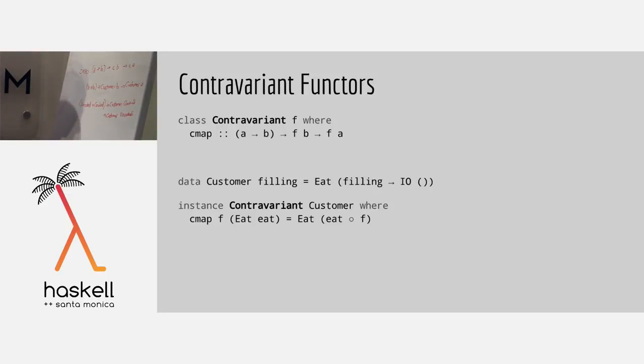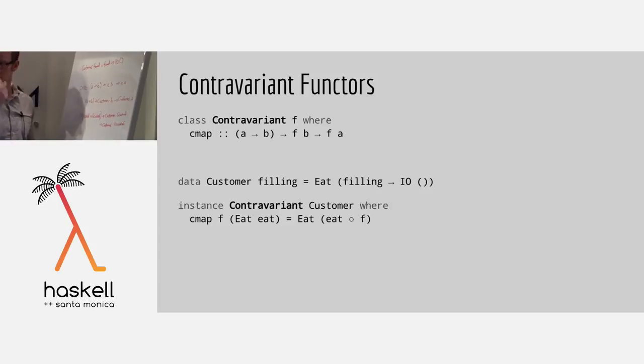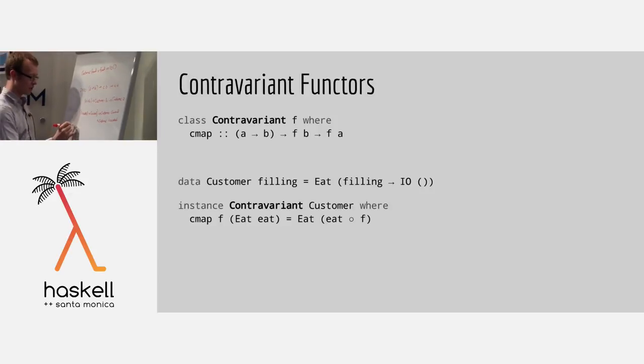Yeah, so how do you do that? Okay, so if you're given a piece of food, let's write out the type of customer. Food to, let's say, some IO action, okay? So we'll fill in the blanks. I'll just call it un and co or something.